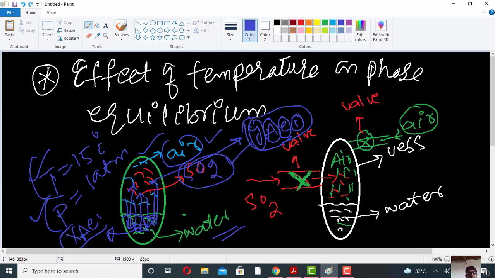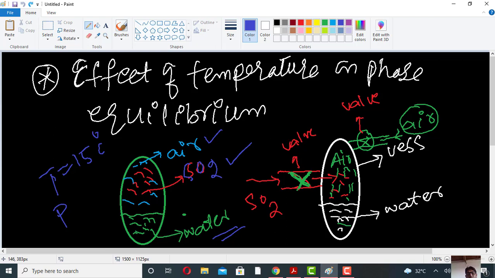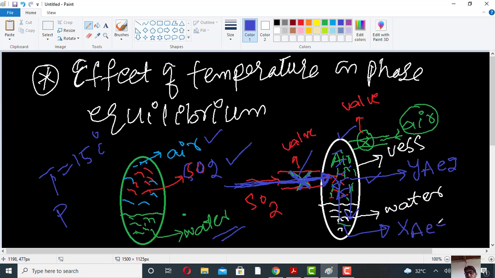After a certain time when equilibrium was achieved, we opened this valve and entered more sulfur dioxide. Again, when equilibrium was achieved between the gas and liquid, we determined the concentration of sulfur dioxide in air, which came out to YaE2. In the liquid, after equilibrium, the concentration of sulfur dioxide was XaE2.